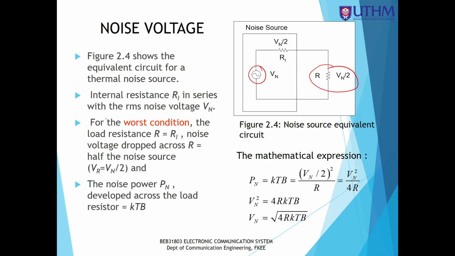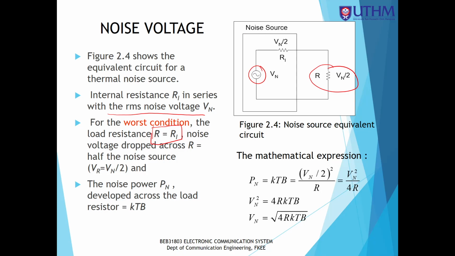So you see that the internal resistance is in series with the RMS noise voltage Vn. For the worst condition, the load resistance R is equal to Ri.